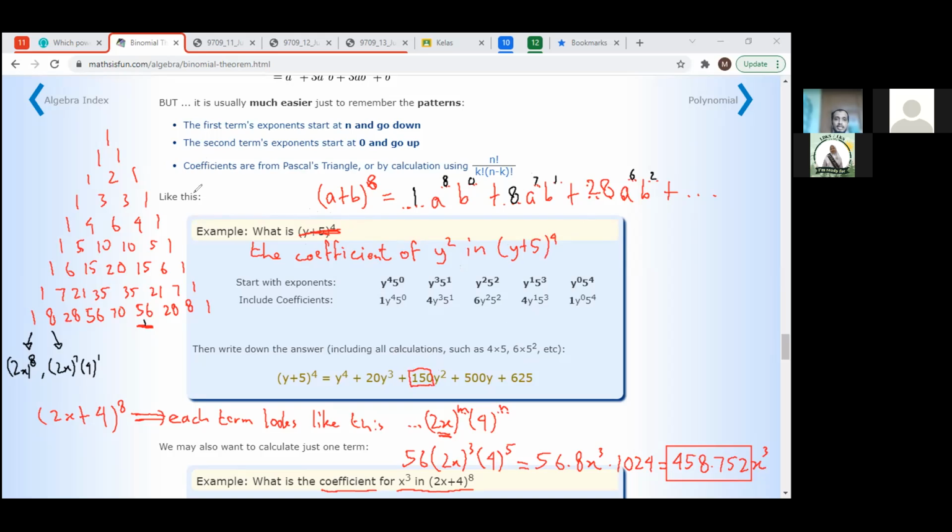So the next example is basically like that. We can actually expand everything, but the problem is there are so many terms. So it will be a waste of time if we do it one by one.